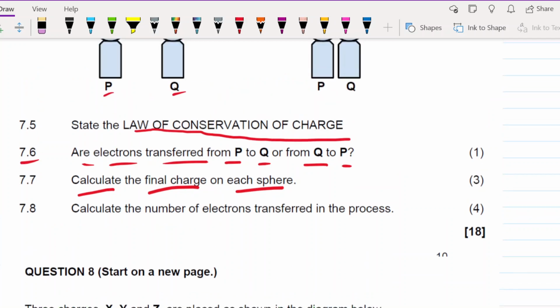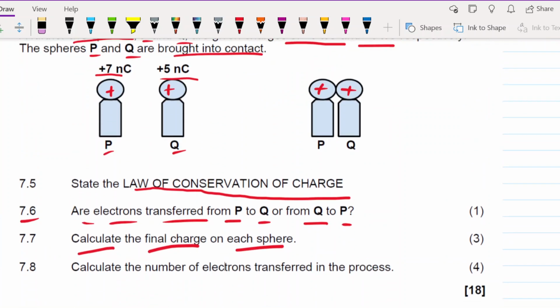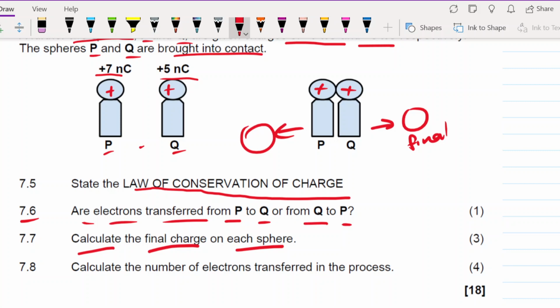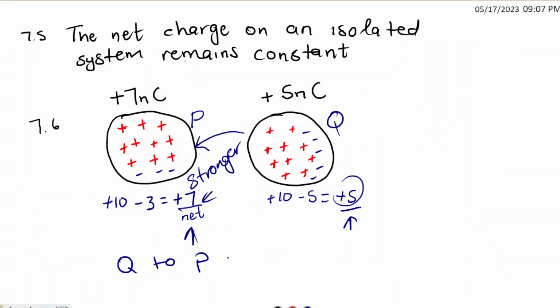To find the final charge, remember they were brought into contact, so eventually they will separate. Then we have to find what they would become after separation. This is before, then they get into contact, and then after contact, what will be the charge? So let's do this one.